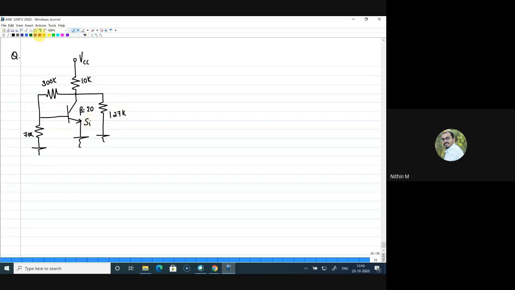The question is, you are supposed to find the VCC voltage. All the resistor values are given. You can start now. I can give you 2 to 3 minutes to report me the answer.